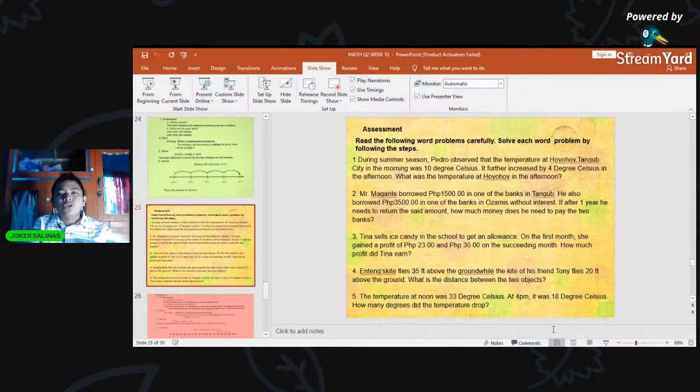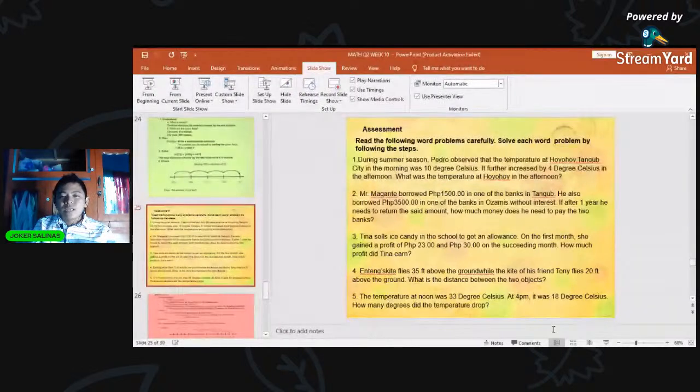If after 1 year he needs to return the said amount, how much money does he need to pay the two banks?